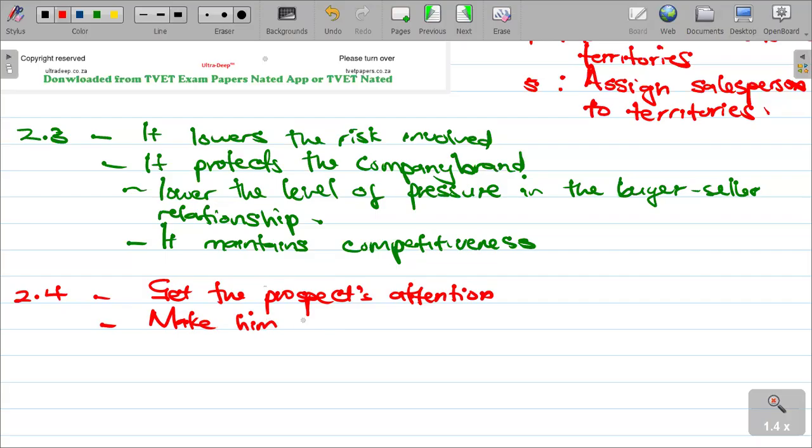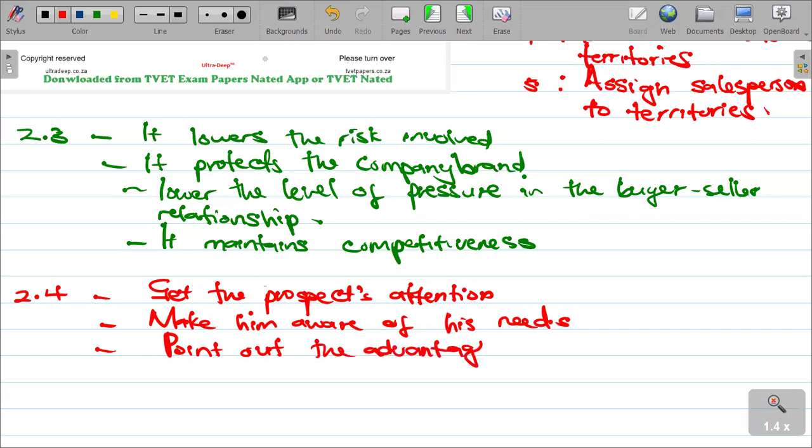And after that, point out the advantages to the prospect of buying the product or service. Then provide proof of the advantage.